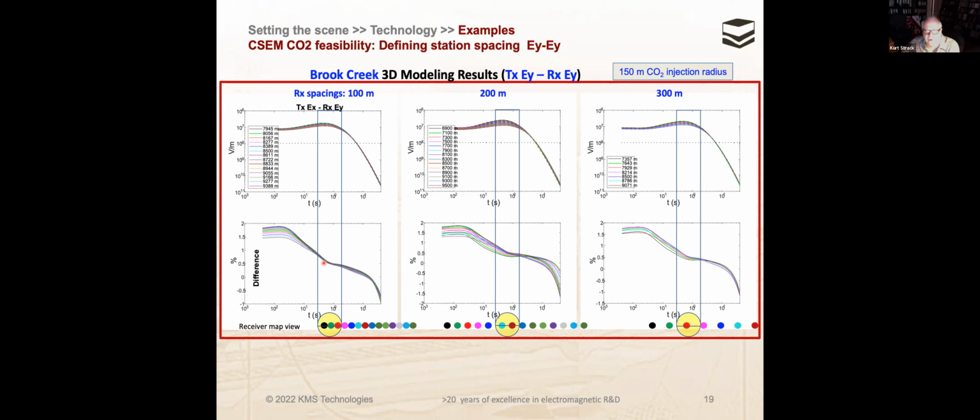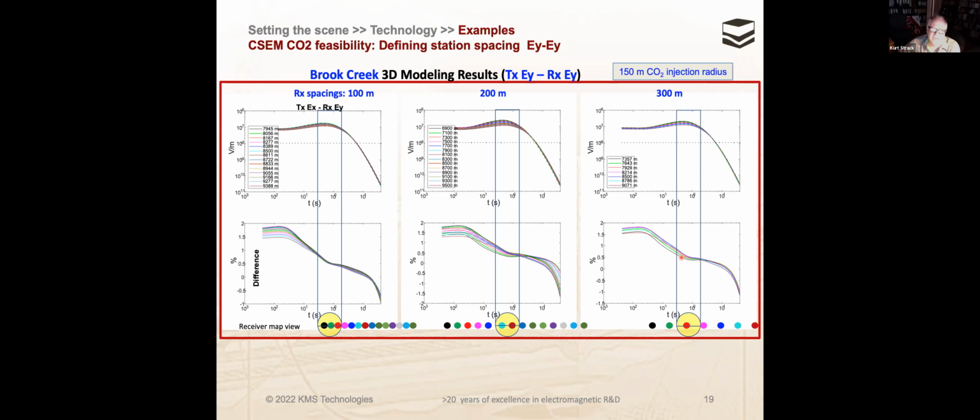The changes from very dense to 300 meters are smooth, so these are all the same and you could pretty much interpolate them. If you look at this academically, you would say 300 meters is enough. Commercially, 300 meters may be enough, but we are doing 200 meters because we are also dealing with bad data. We want data redundancy, and so we picked the spacing of 200 meters.